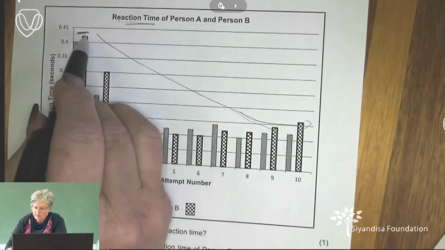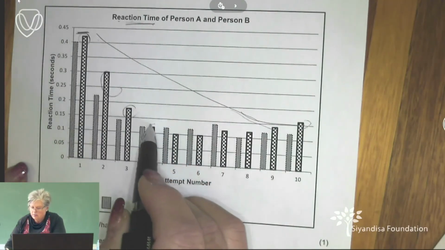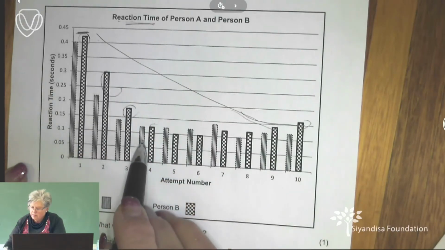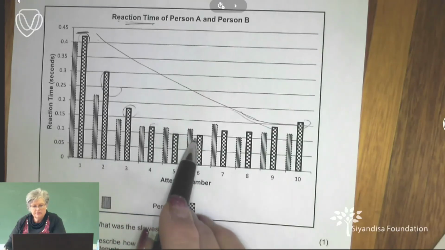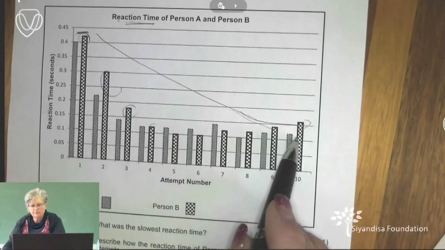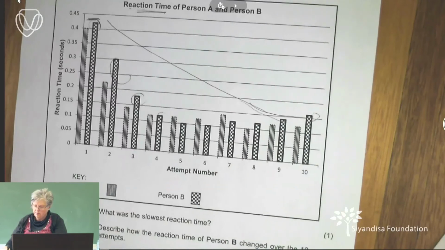The second one is that person B was in the beginning slower than person A, but at one stage he became quicker and then slowly he becomes slower again. So that is my second deduction that I can make.